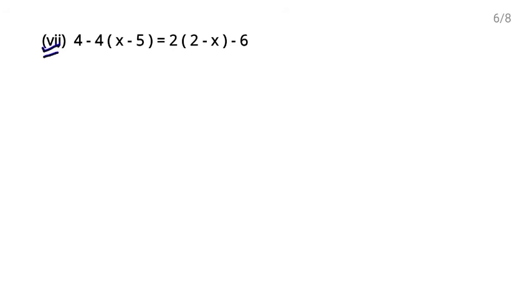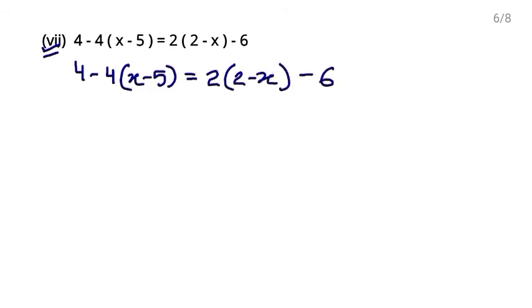Next is the seventh part. They have given the equation 4 minus 4 outside the bracket, x minus 5, is equal to 2 outside the bracket. In bracket we have 2 minus x minus 6. Now again we will use the distributive property. This is outside the bracket now, so this will be multiplied by this term and this term. On the right hand side also this will be multiplied by this 2 and this x. Now write it.